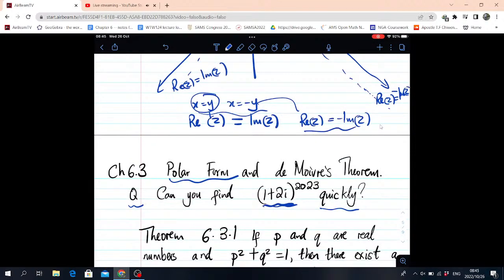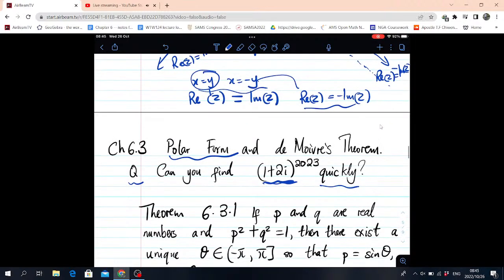But if we change this complex number to polar form, you'll see that this question becomes easier to look at. So we are going to develop the theory to be able to answer this type of question, to say yes, we can find it quickly if we only change the form that we are using. Right, so we'll start off with a theorem.